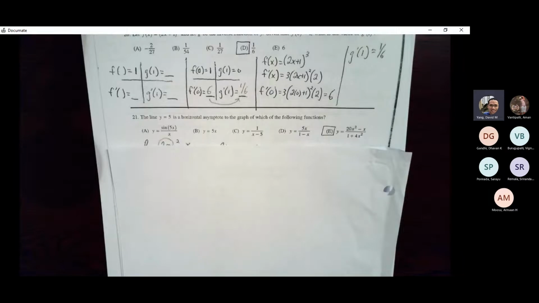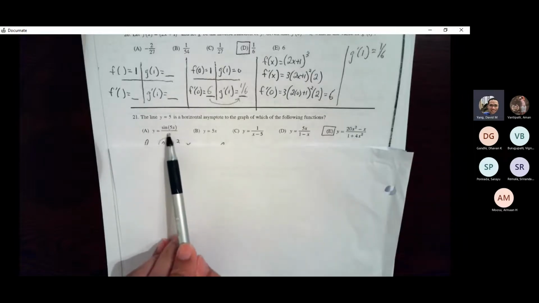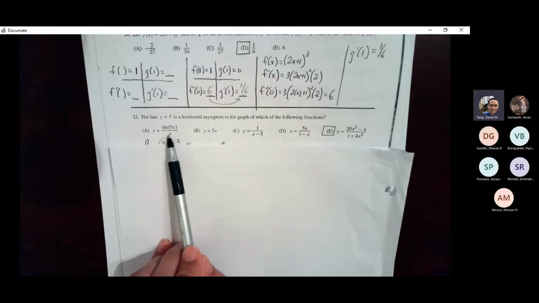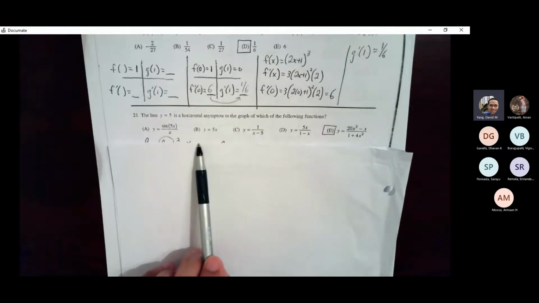And if the ratio of the coefficients between numerator and denominator is 5, then we know that's the result of our horizontal asymptote. So here, sine of 5x over 5, we can't quite build that relationship. There's not going to be 5 over 1, at least not with sine.